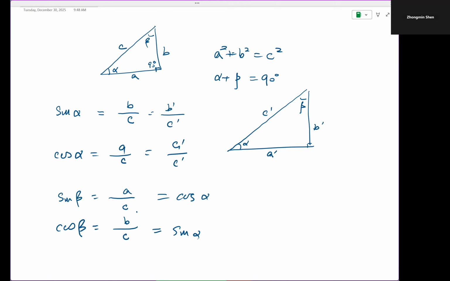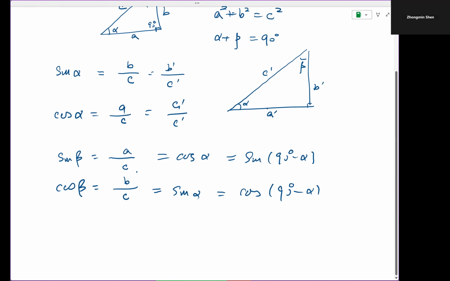You can also write it in the following way: beta is going to be 90 degrees minus alpha. So sine of 90 degrees minus alpha is, because of beta, cosine beta, and beta is 90 degrees minus alpha. So what do you get?